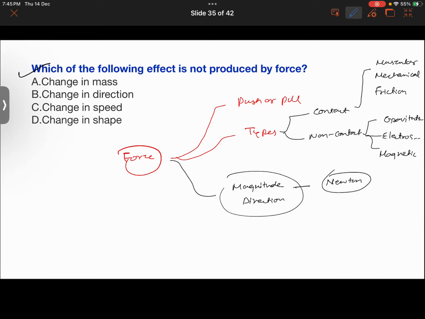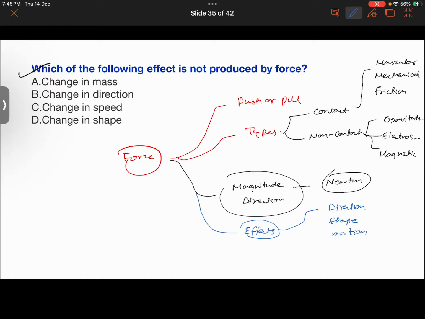Then we also discussed one more thing in regard to forces: what effects forces can bring. Quickly list down the points. The change in direction, change in speed, change in shape, and change in motion.